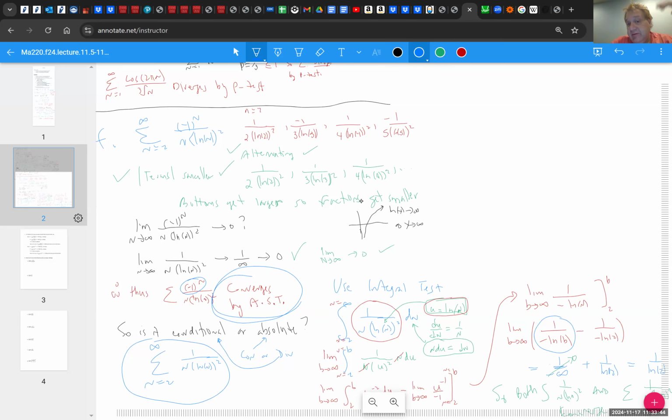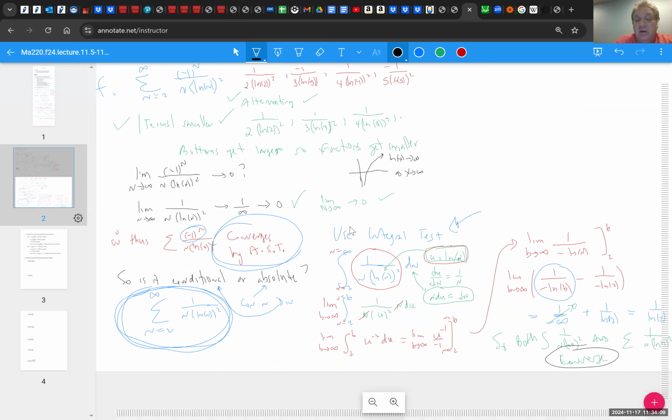Now we do the additional question of, is it conditional or absolute? To do that, we look at the series without any negative signs in it. To evaluate this new series without any negative signs, we use the integral test. That new series converged, right? By the integral test, the new series converged.